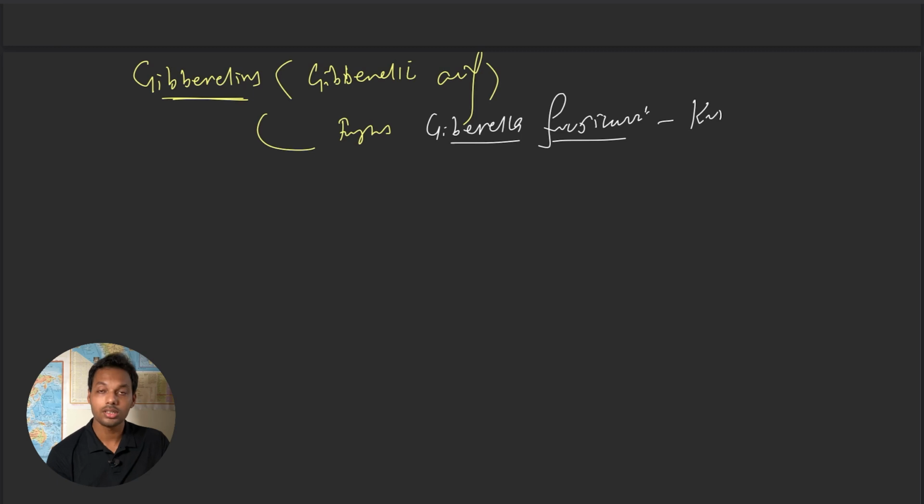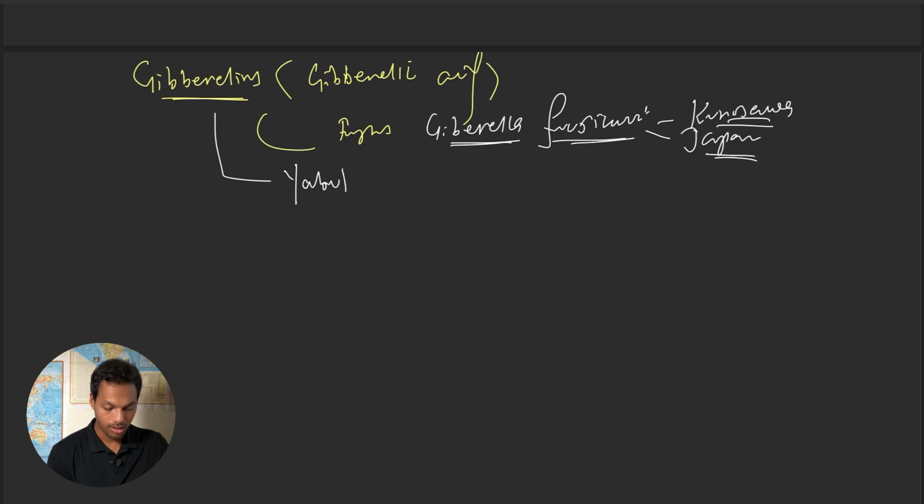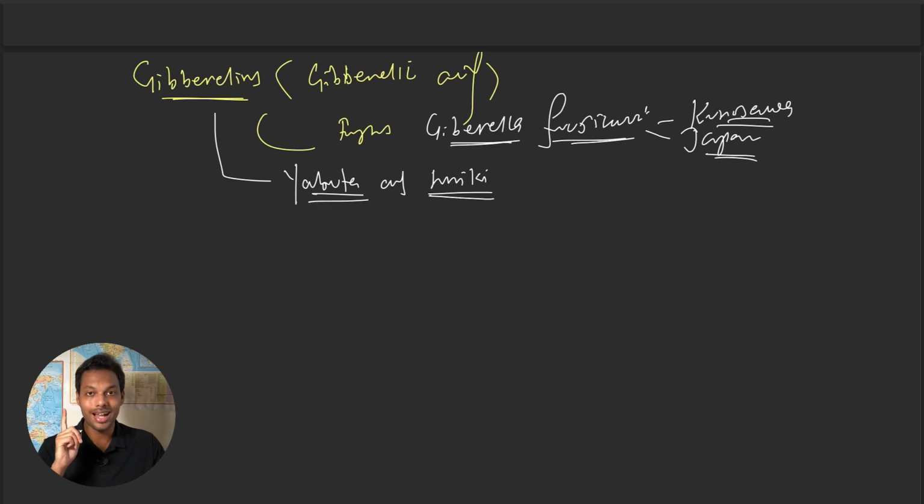Kurosawa, one scientist from Japan, first found gibberellic acid from the Gibberella fujikuroi fungus, and the term gibberellin was named by Yabuta and Sumiki. Yabuta and Sumiki first named gibberellin, but it was first isolated from the Gibberella fujikuroi fungus by Kurosawa in Japan.